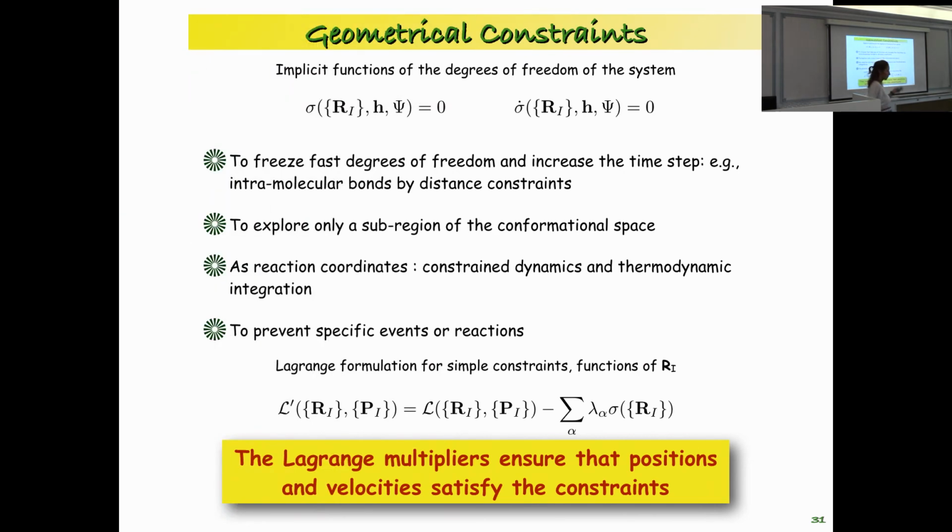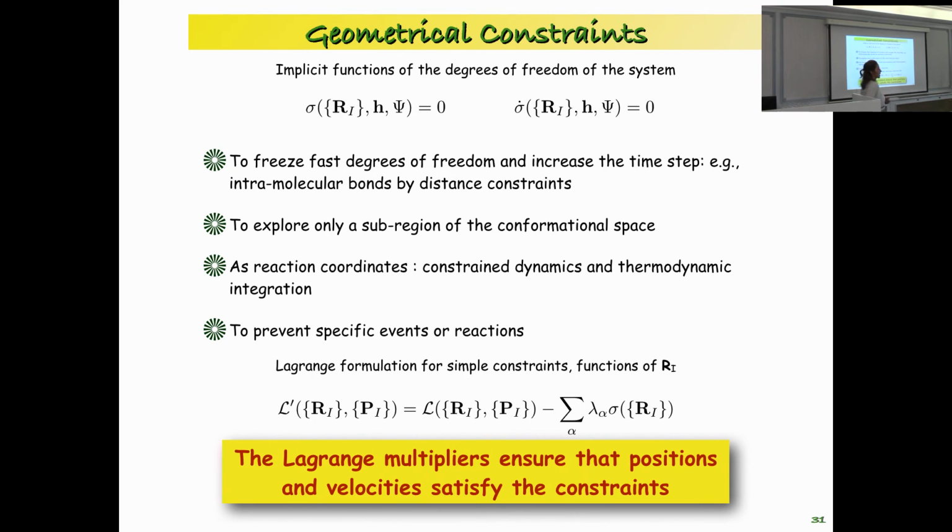Constraints, if you want to explore the state at a fixed value, or if you want to remove some motions because they are too fast and you don't want to sample them. So there are different reasons to use constraints, also to explore a potential or a free energy pathway, just changing the constraint, or changing the value of the collective variable along a given sequence of values and sampling.